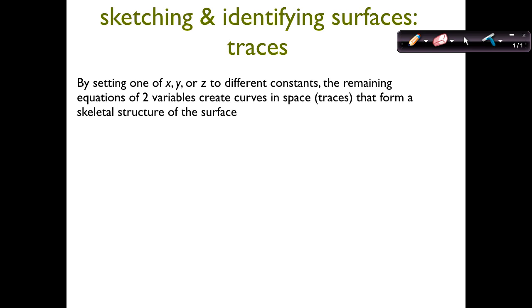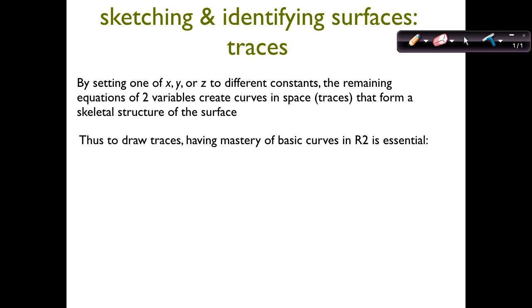Okay, so in order to draw traces, you need to be good at basic curves in R2, because we're eliminating one variable and we're left with an equation of two variables. That's like a curve in R2. So this here is kind of a summary of curves in R2. So, parabolas.